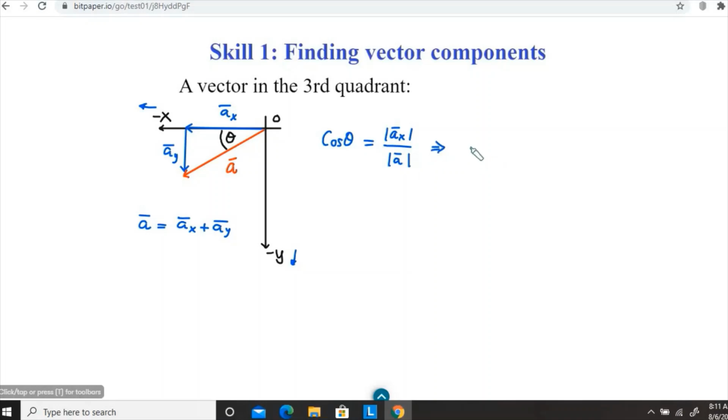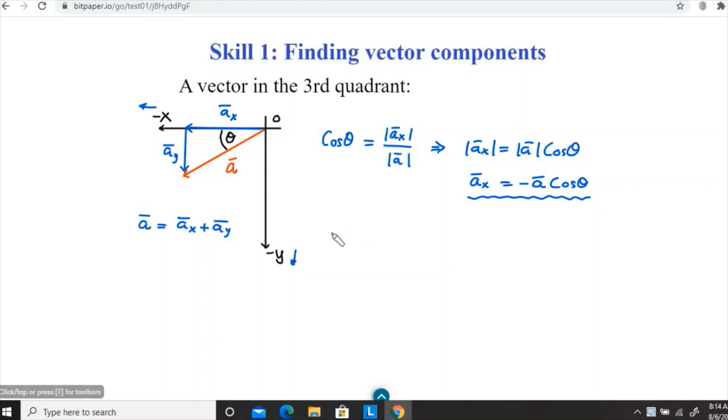So the magnitude of ax vector is equal to the magnitude of A vector times cosine theta. Now, the direction is along the negative x direction. So vector ax can be written as negative A times cosine theta.